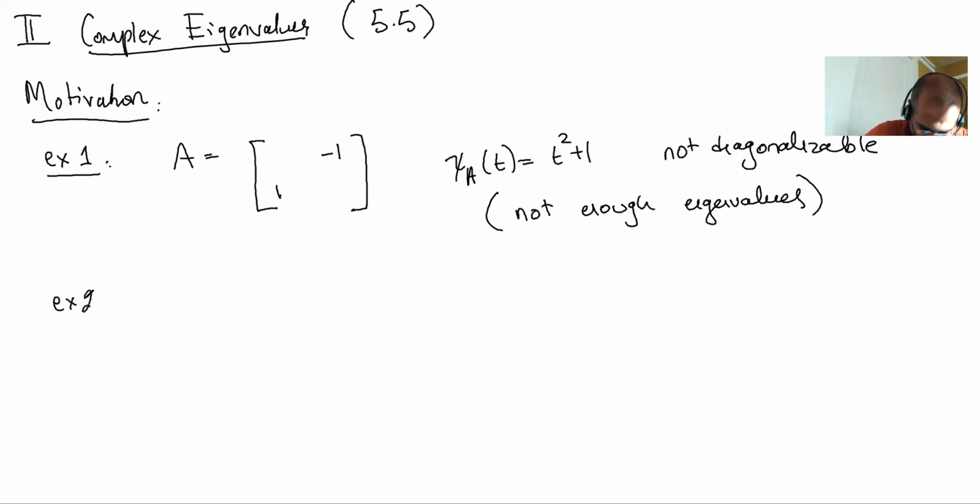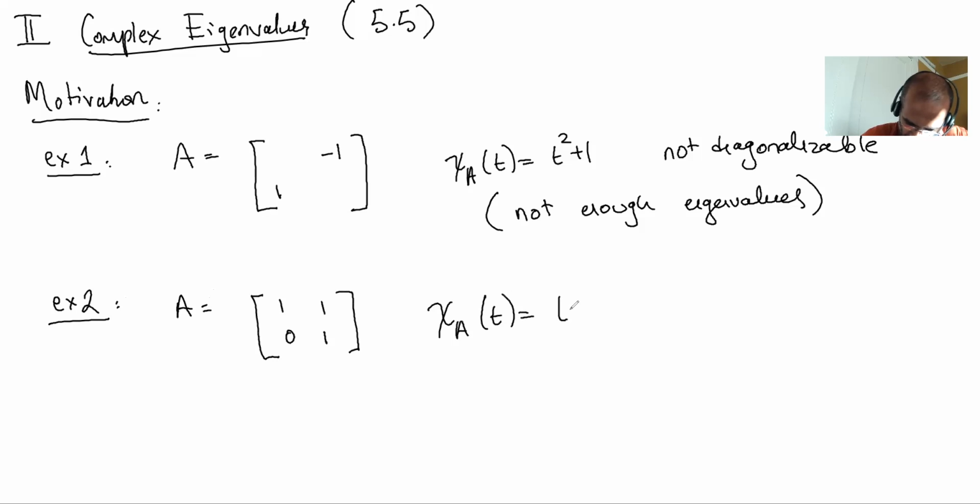Here's another example. Let's look at this matrix. Characteristic polynomial is just t minus 1 squared. So you have eigenvalue equal to 1. But E1 in this case is just going to be, well, okay, let's just calculate it.